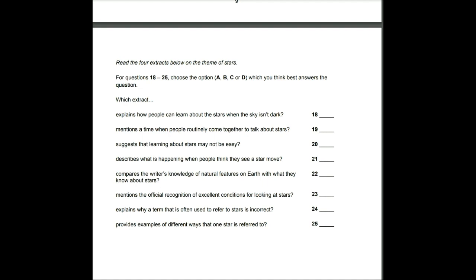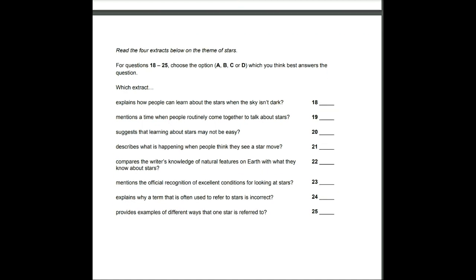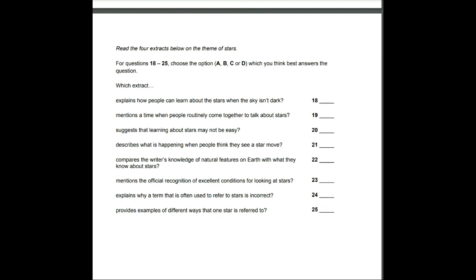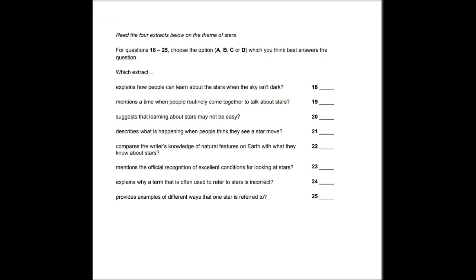Now, for question 19, it says we are looking for the best extract which mentions a time when people routinely come together to talk about the stars. With this one, unfortunately, this one does belong to extract A, and we don't have extract A to talk about, but it would be safe to assume that extract A talks about maybe the relationship between stars and humans in a kind of belonging and conversational sense.